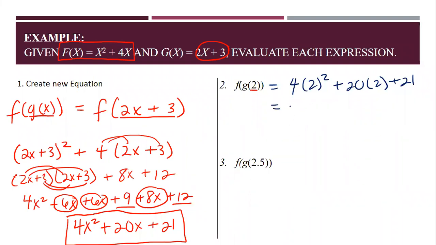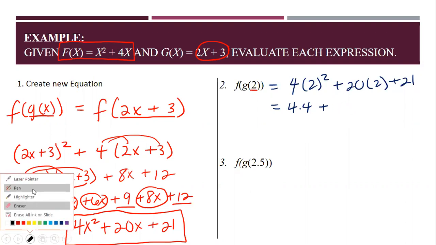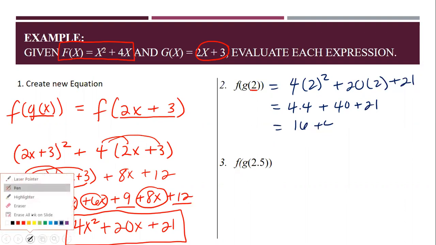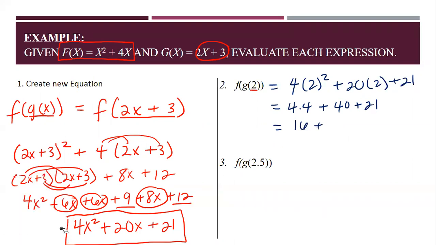So then this gives me 4 times 4 plus 40 plus 21. All I did was multiply. 2 squared, and then 4 times 4 is 16 plus 61, because 40 plus 21 is what? 61. And then what's your final output? 77.